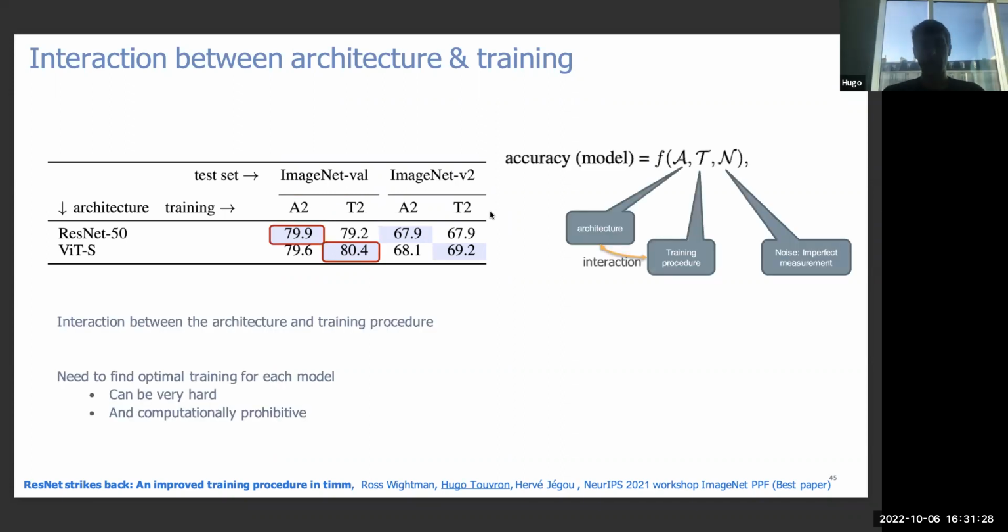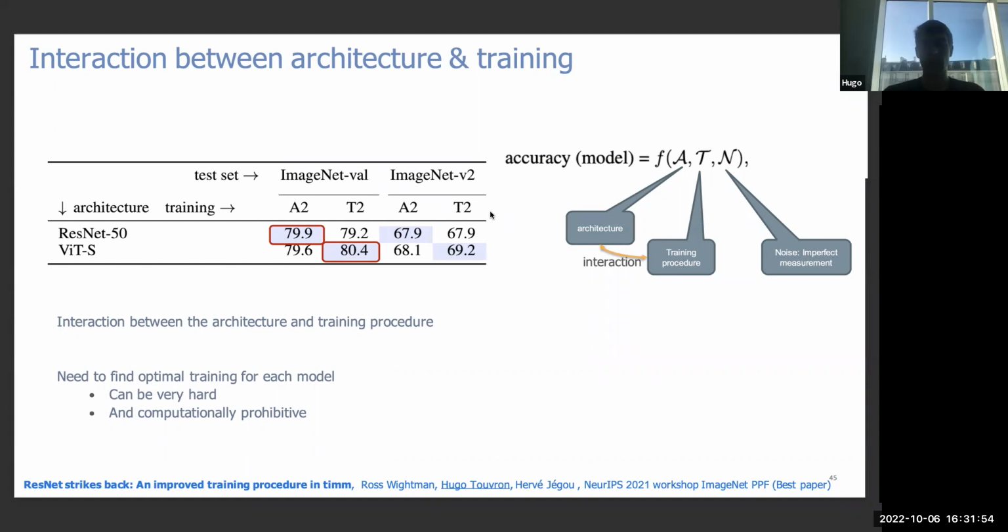So there is a strong interaction between architecture and training procedure, and maybe the best way to compare the two architectures here is to use the optimal performance reached for each architecture. But in practice, it's not possible to be sure to have an optimal training for one model, because maybe in the future we can design new methods that allow a better training for this kind of architecture.